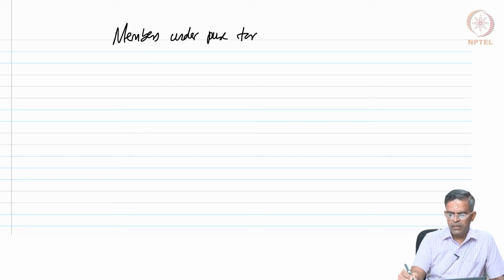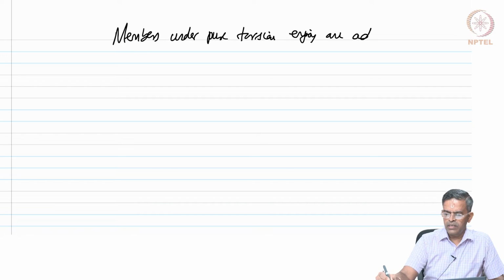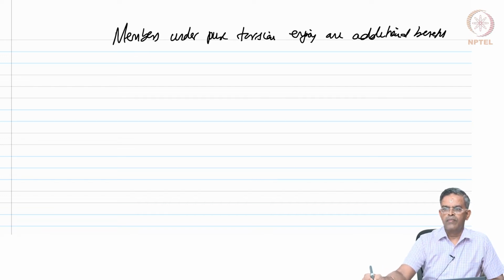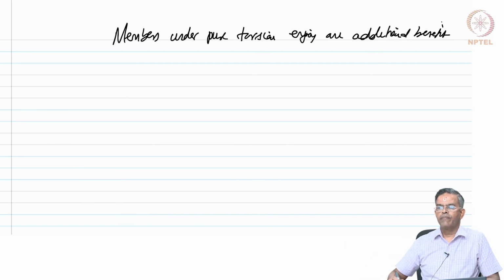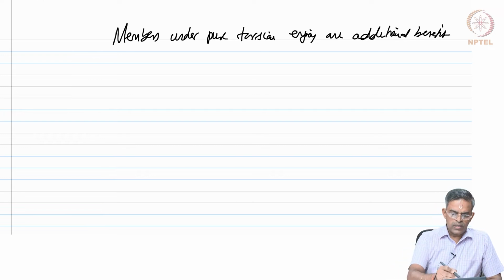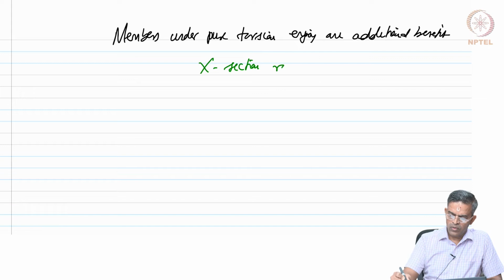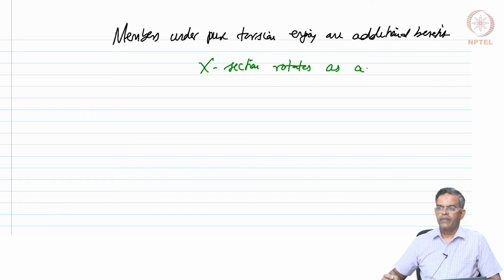Members under pure torsion enjoy one additional benefit. What is that? Cross section rotates as a rigid body.